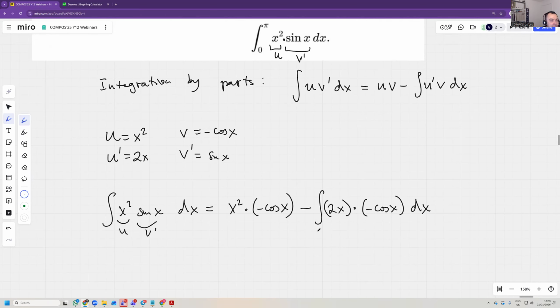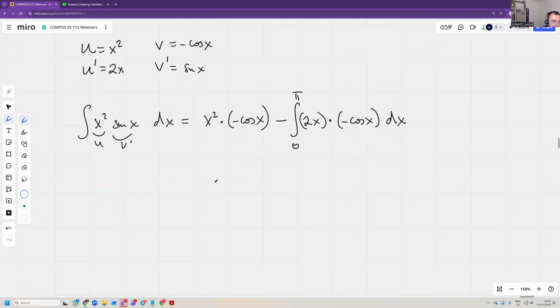And this is between limits 0 and pi again. So that becomes minus x squared cos x plus the integral of 2x cos x dx, and this is also from 0 to pi.